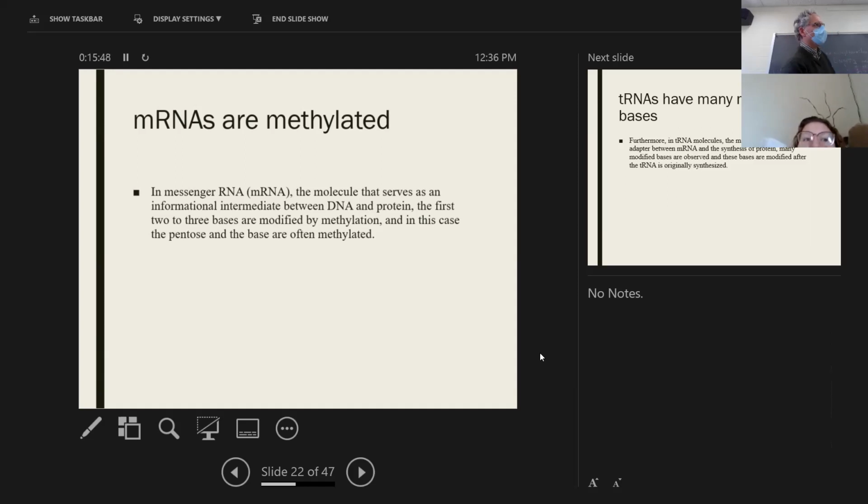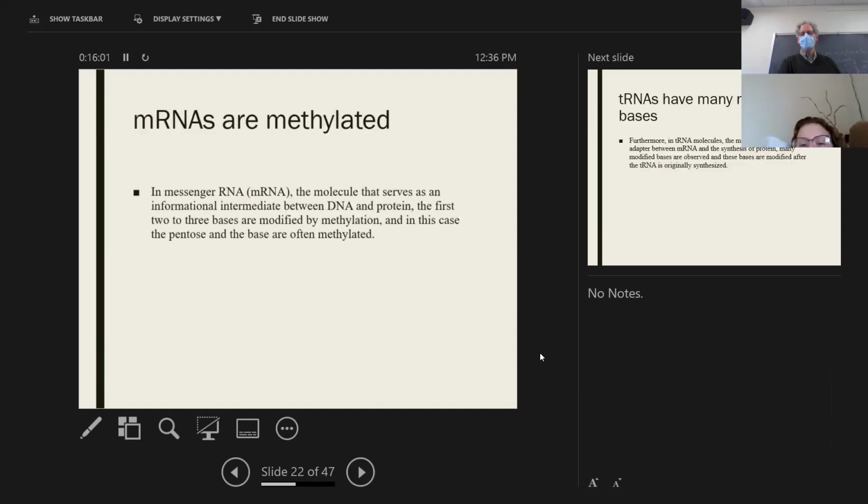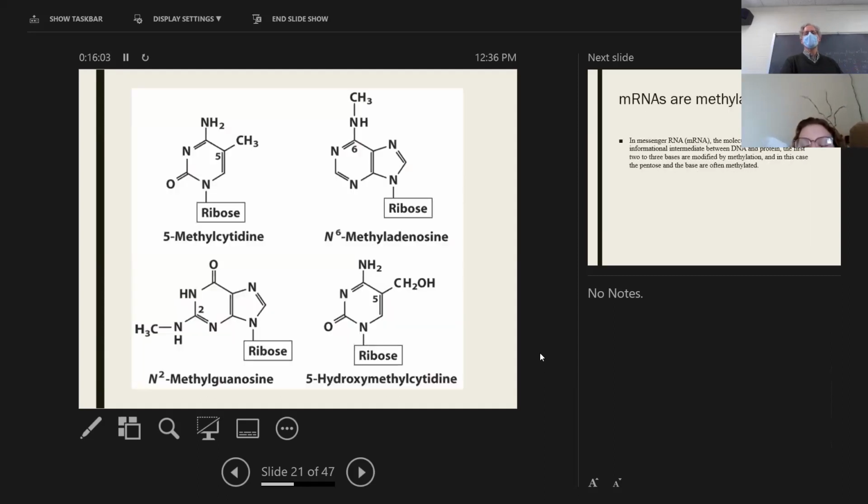That's the only part of the messenger RNA that's methylated usually. tRNAs have quite a few methylated bases. Keep in mind all of these modifications are made after transcription. So these are post-transcriptional. Same thing here. This is post-replication.